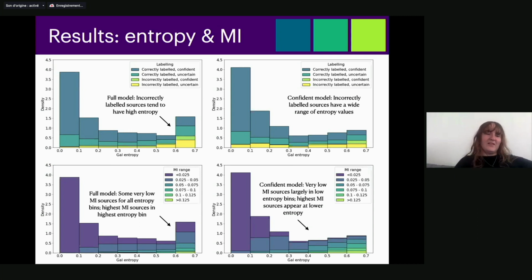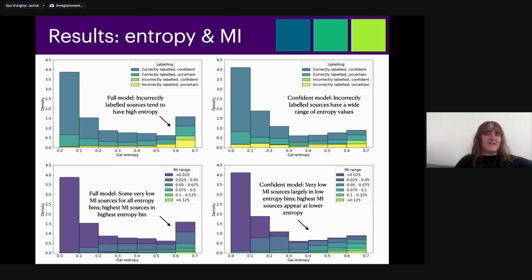By comparison, there's a noticeable portion of incorrectly labeled uncertain sources for the confident model at lowest entropy, which continues throughout the other entropy bins. This suggests that by only training on confident sources, the model itself has become too confident about its ability to predict accurately. It doesn't know what it has limited information about, and its epistemic uncertainty has worsened.